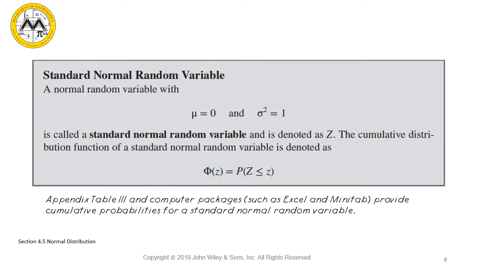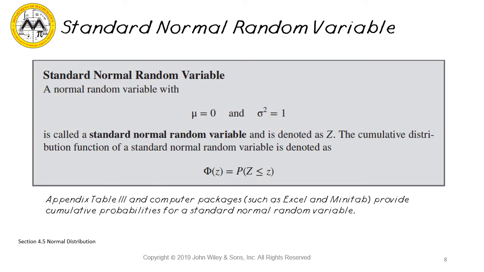To standardize a normal random variable, if we want the mean to be centered at 0 and the variance to be equal to 1, we standardize the normal random variable, and it is denoted by z. The cumulative distribution of a standard normal random variable is denoted by phi of z, equal to the probability of Z less than or equal to z.